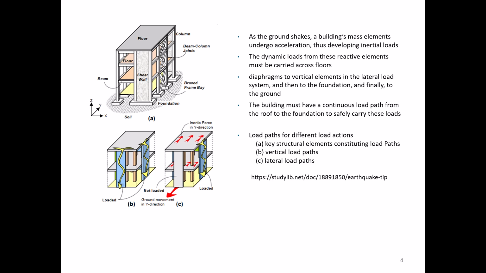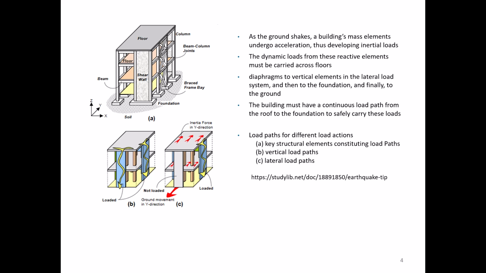In the event of an earthquake, lateral ground motion will occur. Of course there's vertical motion too, but we're mostly concerned about the lateral ground motion. That creates what are called inertial loads on the different floors and elements of the building, and there needs to be continuous paths for those loads to be redirected into the ground.